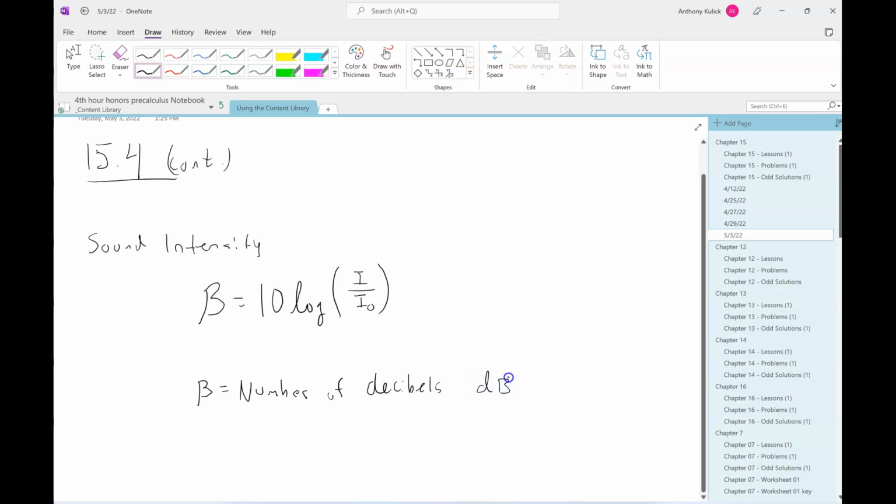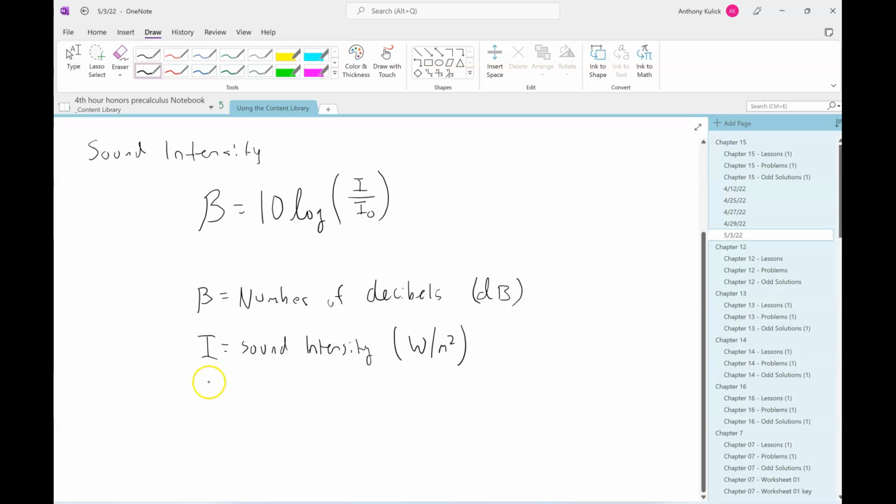The abbreviation for decibels is dB, where the d is lowercase, because the prefix deci, the symbol is the lowercase d. I is our sound intensity, and the unit for sound intensity is watts per meter squared. And then I naught is a constant. It's always 10 to the negative 12 watts per meter squared.